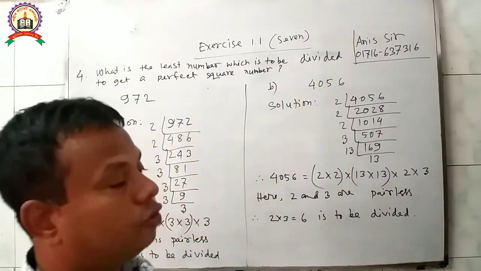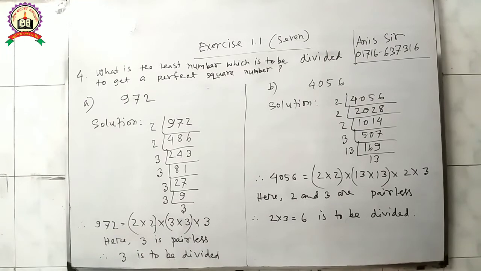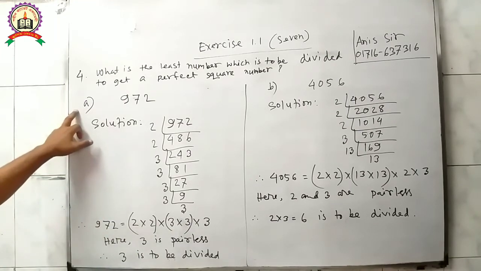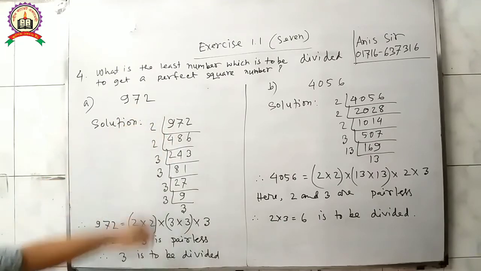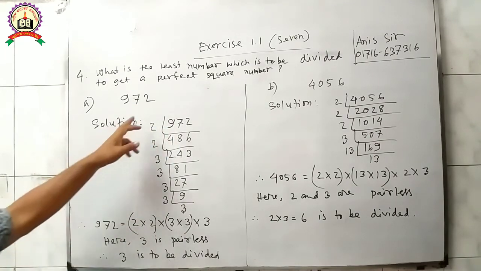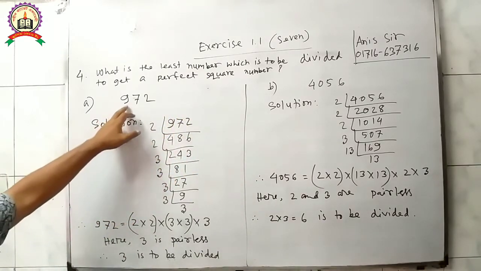So you have to solve in the same way as 3. Number A, 972. At first we have to find out the prime factors of 972.